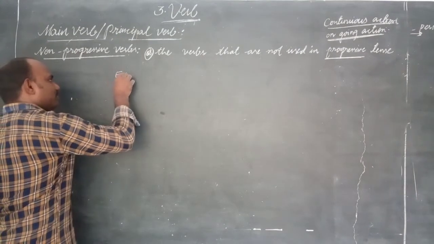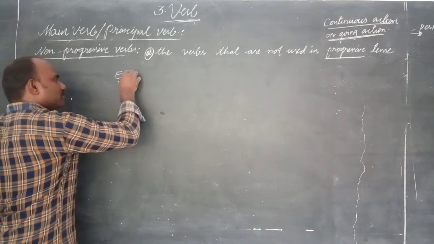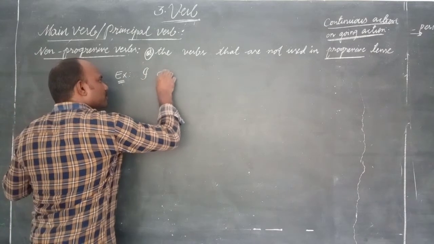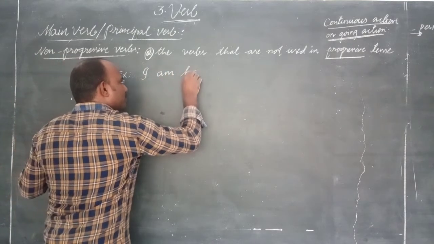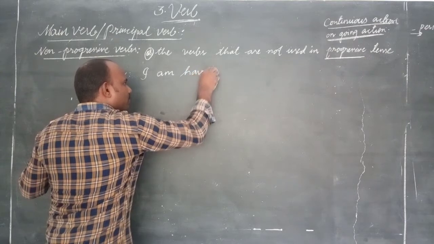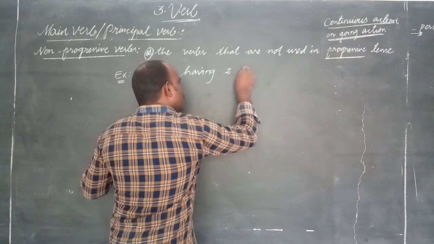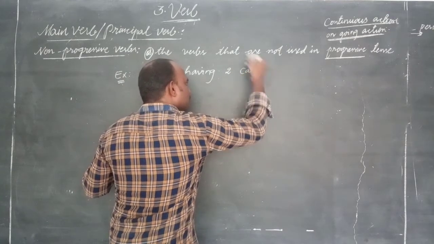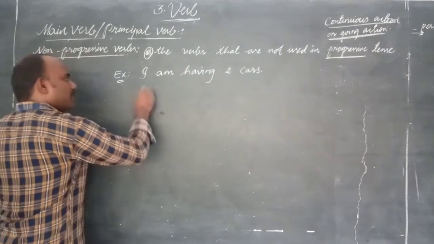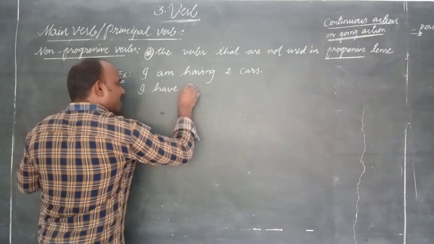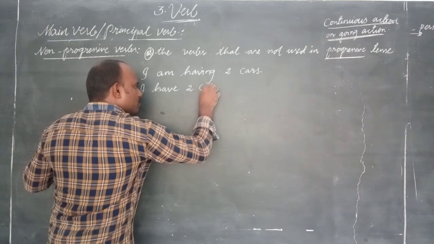For example, I am having two cars. Another sentence: I have two cars.